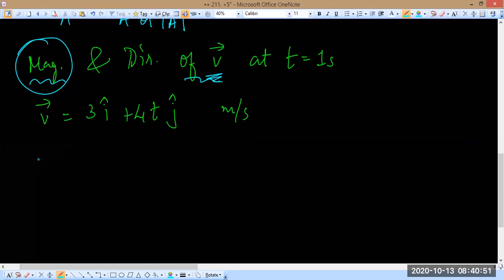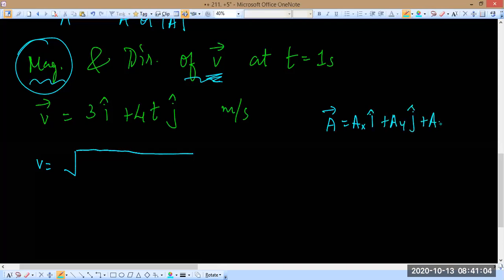Now, if you want to find magnitude, so what's the formula to find magnitude of a vector? What's the formula to find magnitude of a vector? If I give you a vector like this, what's the formula to find magnitude of the vector?